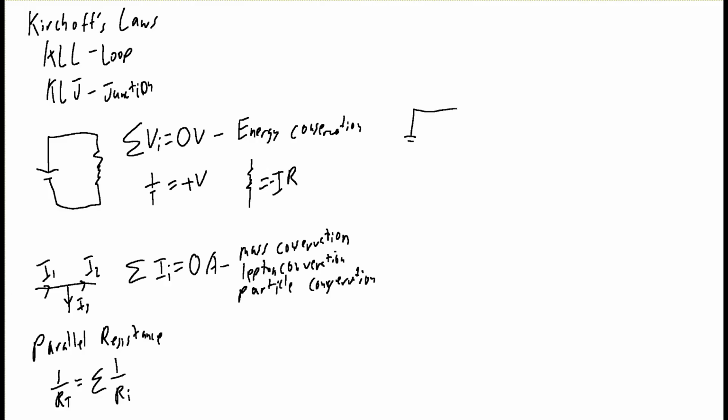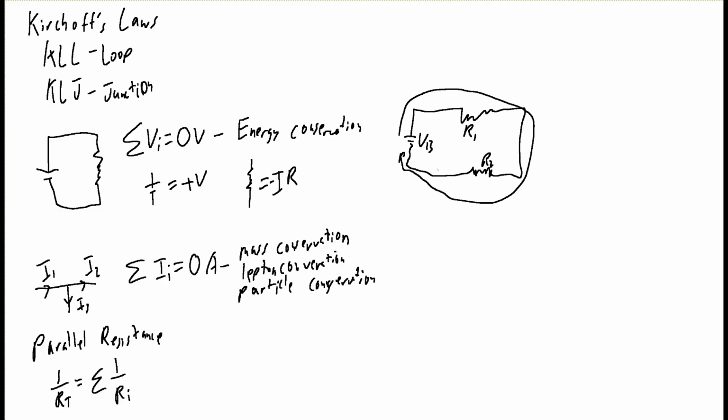We got our battery, resistor 1, goes around this way, goes over here. Resistor 2 goes around this way, over here. So we have a VB here, resistor 1 here, resistor 2 here, and current goes around the outside like so.